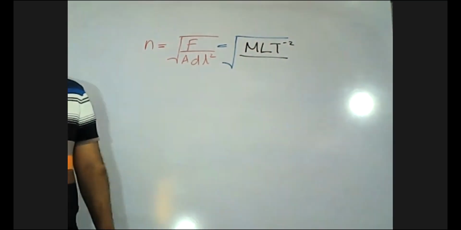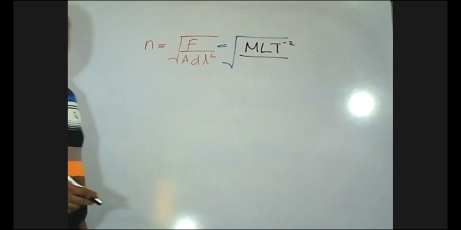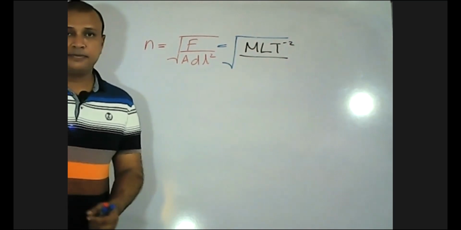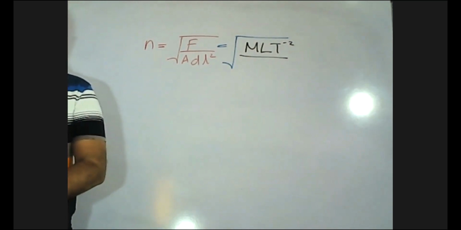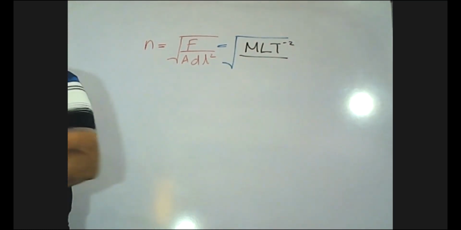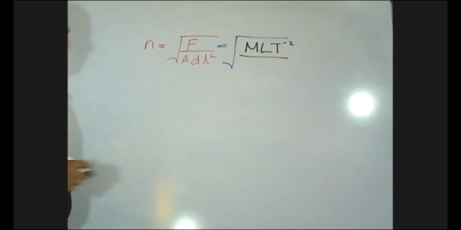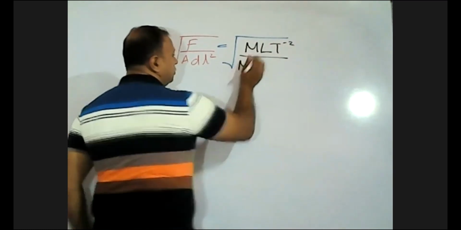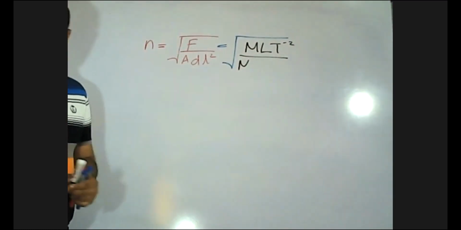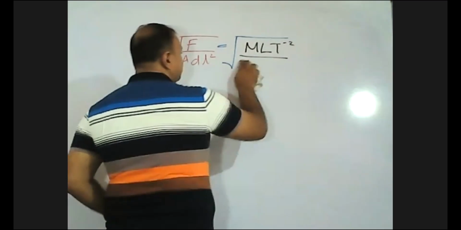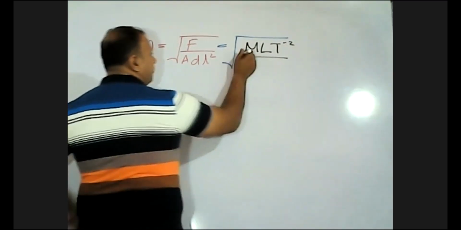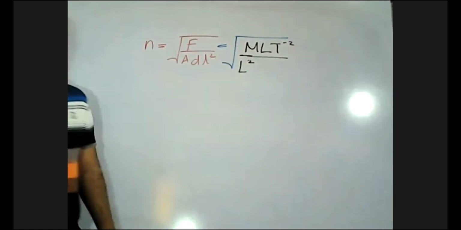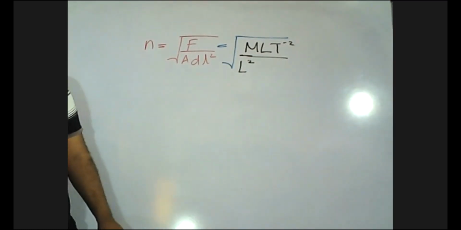You have to consider A as an area, okay? Therefore, the dimension of A is L squared. D is a density, no? Yeah.